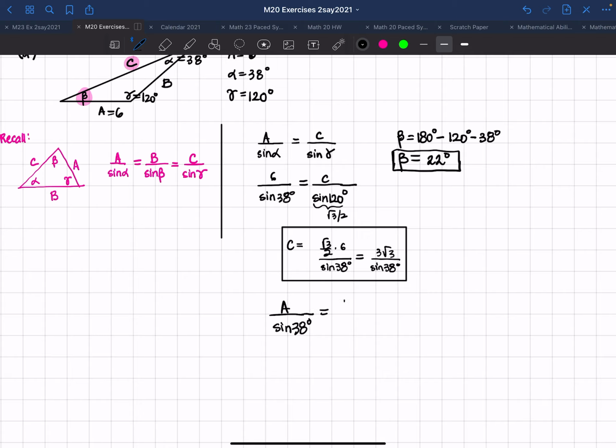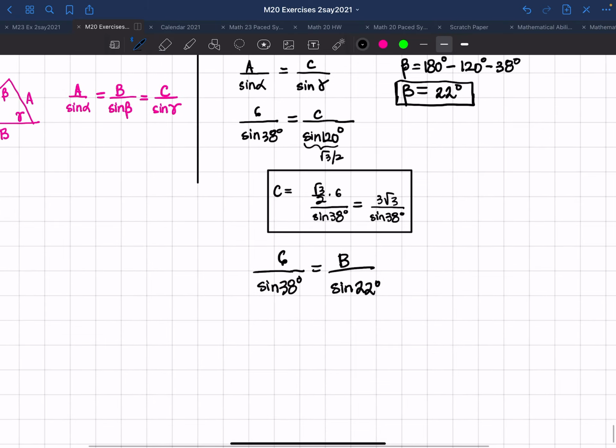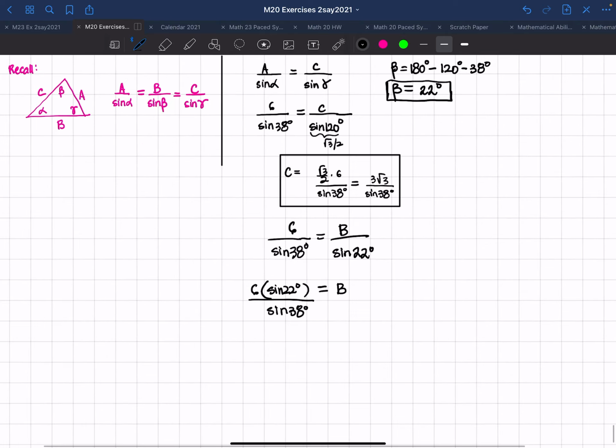But our beta is 22 degrees. Ang A natin ay 6. And ayan na. So, B is equal to, multiply both sides by sine 22. So, yan yung value niya.